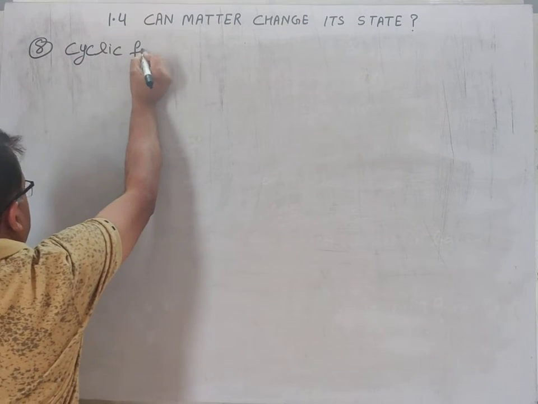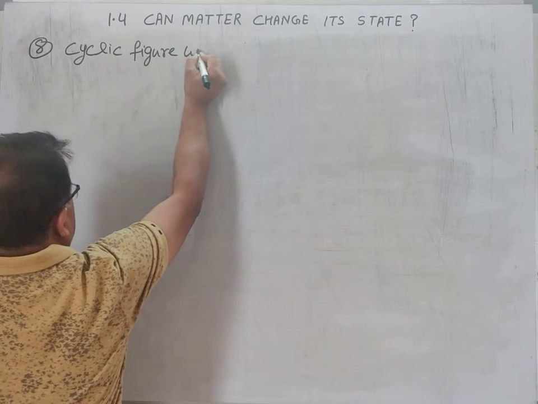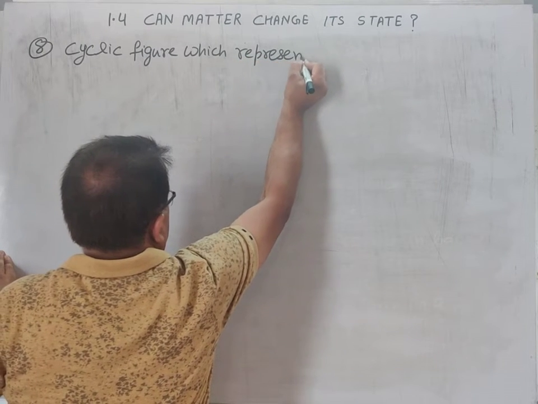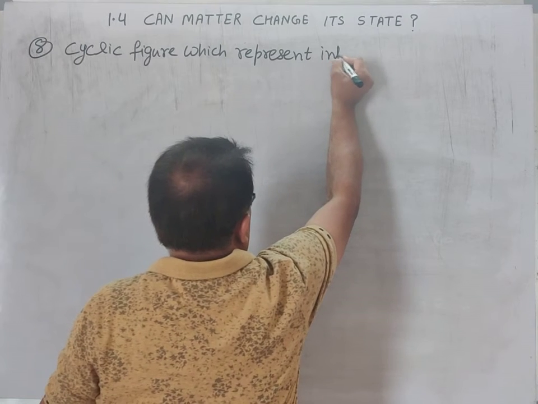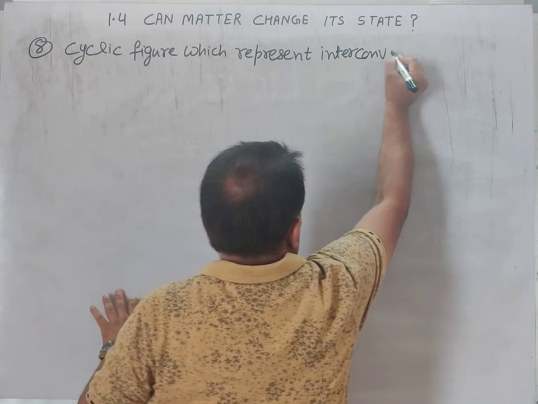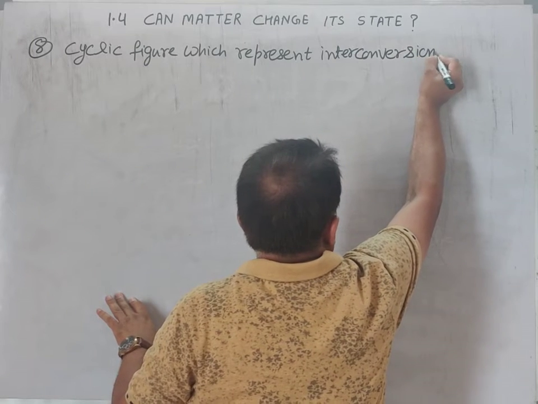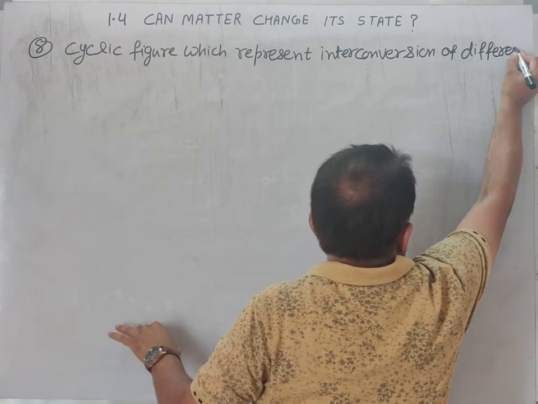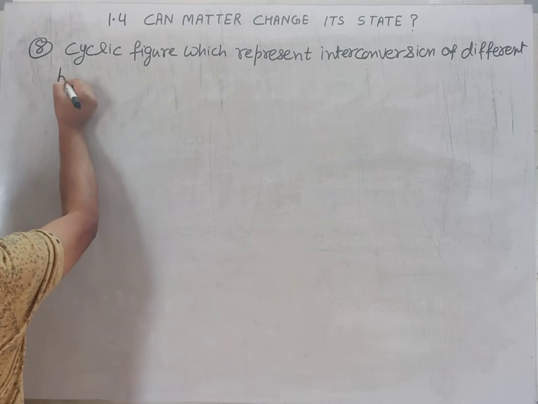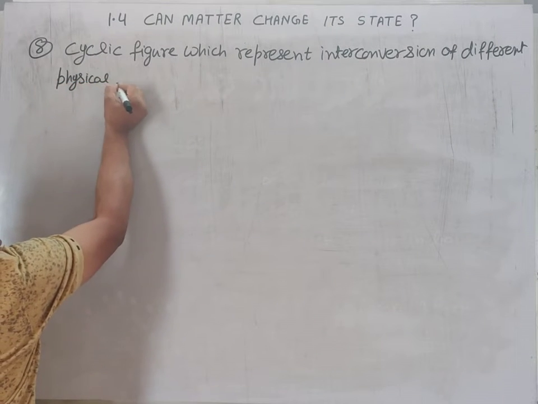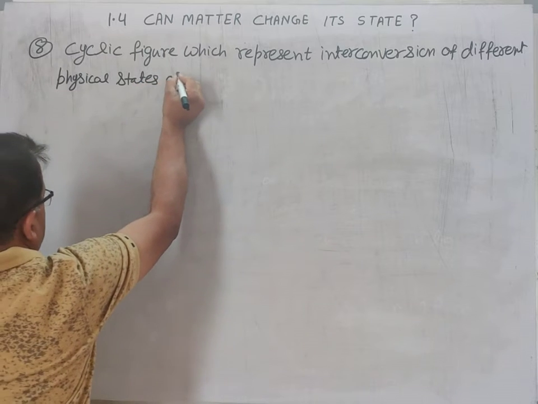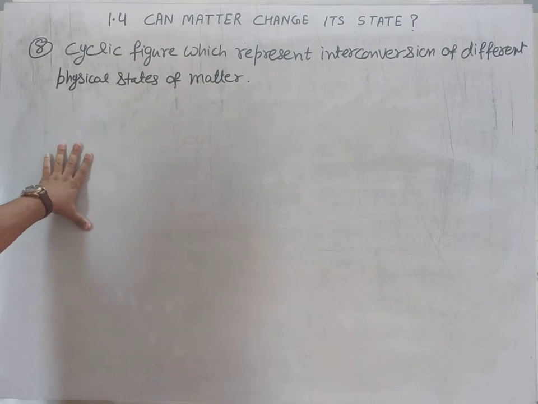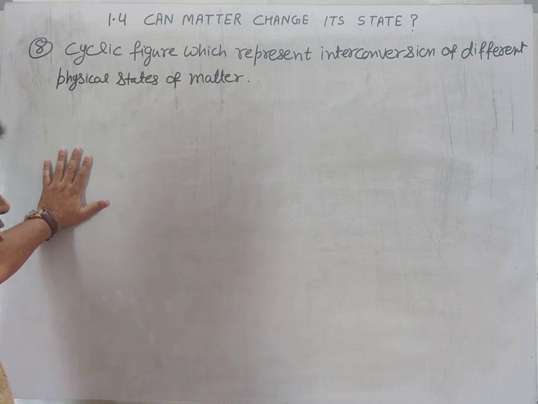The cyclic figure which represents interconversion of different physical states of matter.